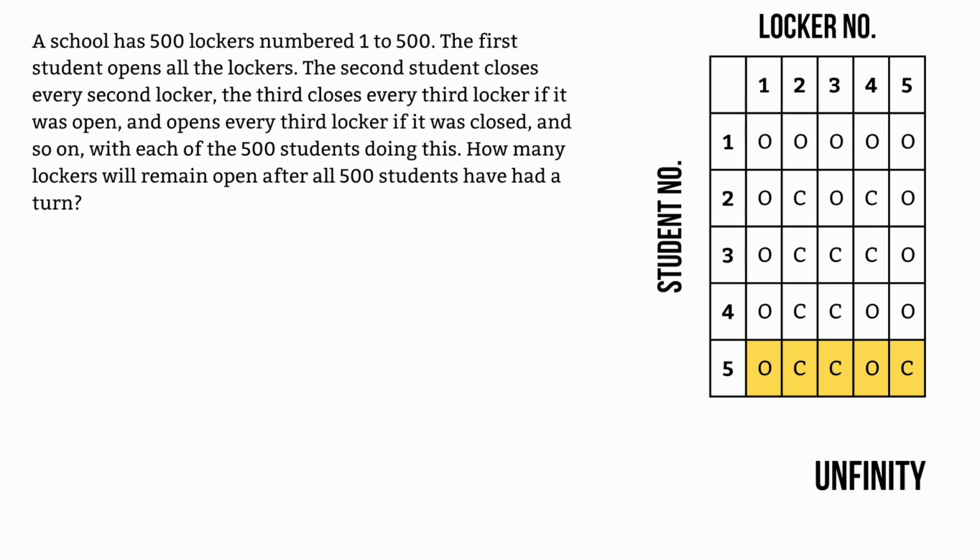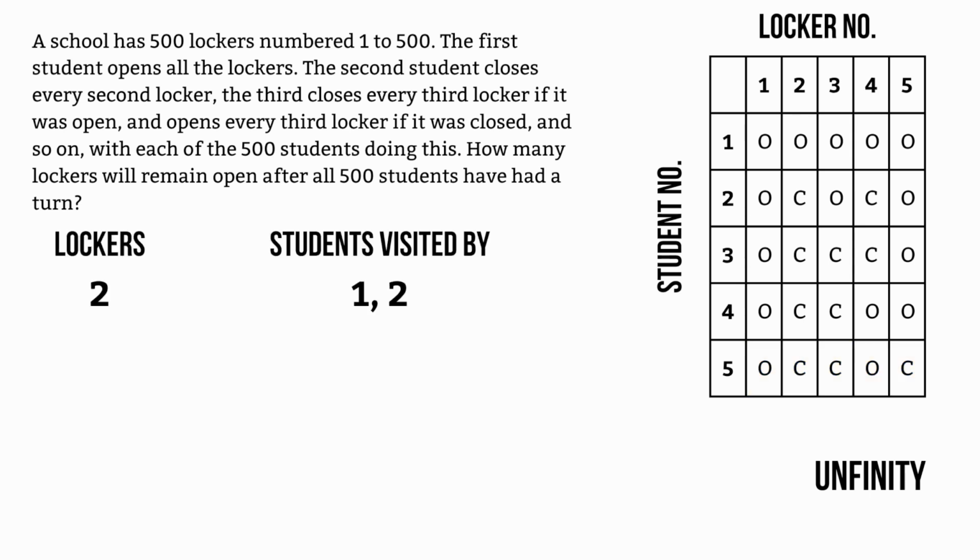But why? Let's look at exactly which lockers are touched by which students. We know that locker number 2 had been touched by student number 1 and 2. Let's take another example, a bigger number. So locker number 10 will be touched by student number 1, 2, 5 and 10.